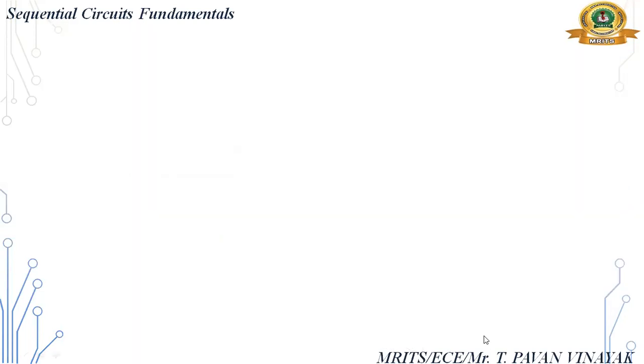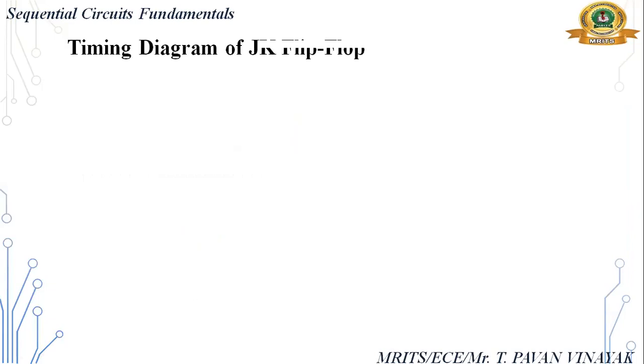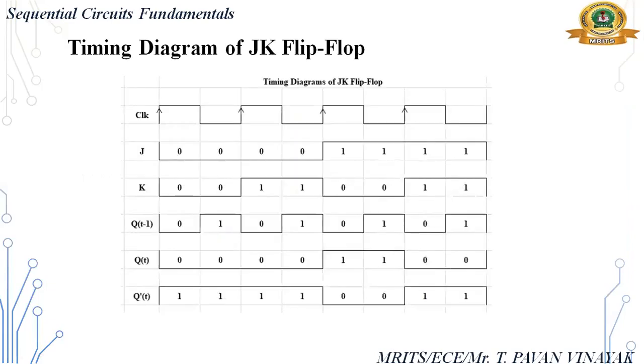Okay. Next, timing diagram. Yesterday I said whenever 0 0 or 1 1 occurs, you have to select Q of t minus 1, that is, the previous state. This is applicable only for the initial state.